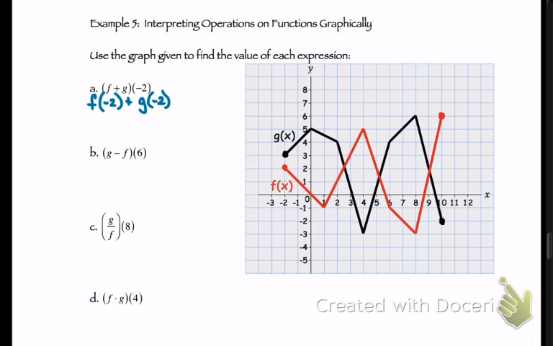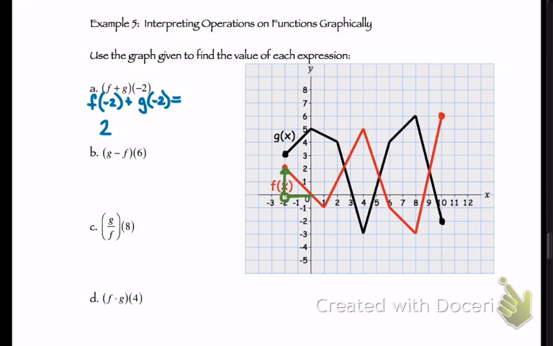So, to find f at -2, what I'm doing is I'm going over to where -2 is on my x-axis. I'm asking myself, where is my red function? So f at -2, well, that's obviously +2. Do that same thing, g at -2.